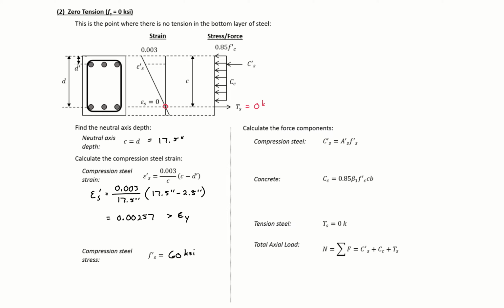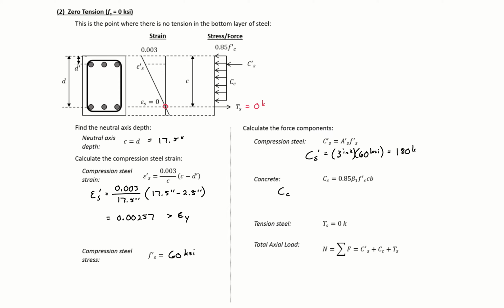Then to find our force, we have the area of our compression steel times the stress in our compression steel, our top steel, and it's going to be equal to 180 kips. So then we can find our concrete force component.